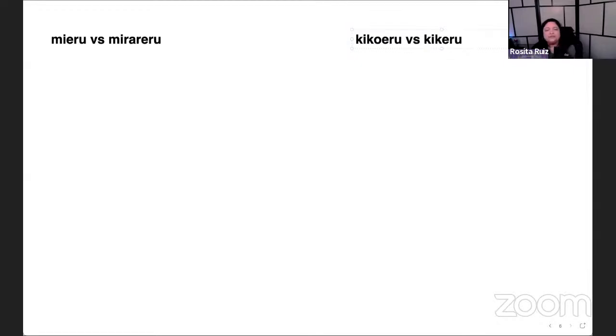So, an example from a book I also use to teach, I really like this example.